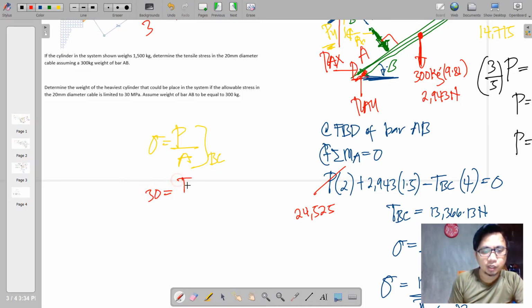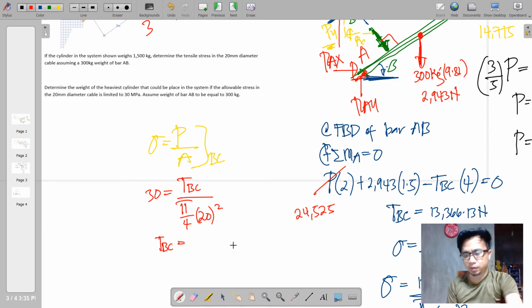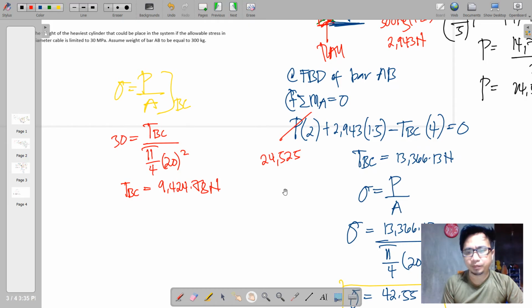We can replace this by the tension at BC, and then the area with 20 mm diameter, squared. Therefore, the tensile limit of the cable is equal to 9,424.78 newtons.